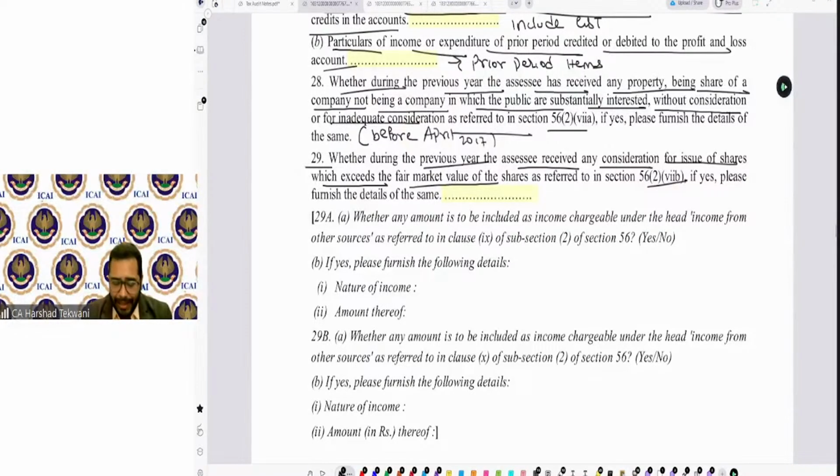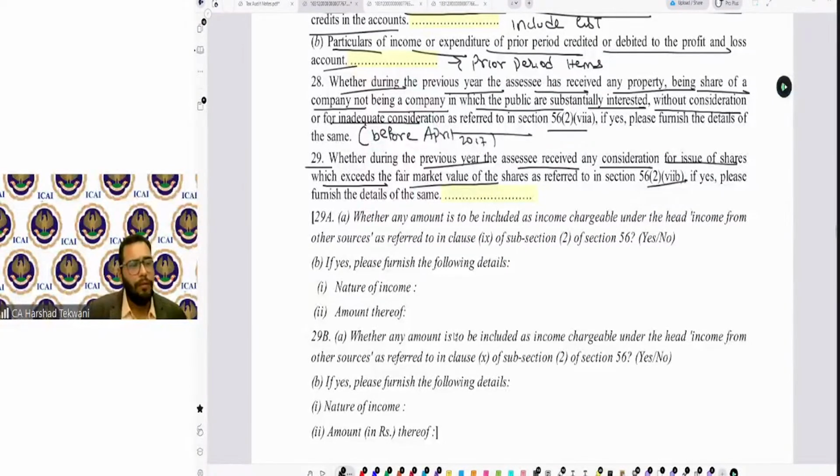So as a tax auditor, we are required to check whether during the previous year the assessee received any consideration for issue of shares which exceeds the fair market value. Now this is applicable to companies where public are not substantially interested, and accordingly we need to report in this clause.